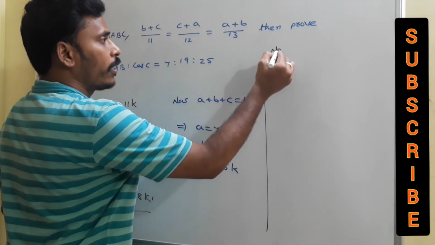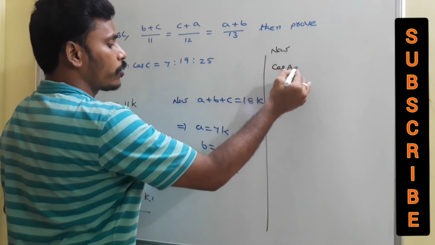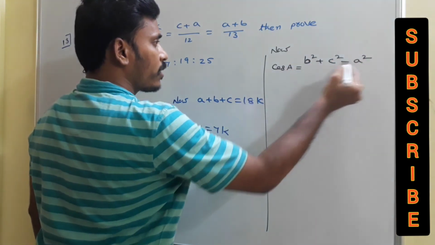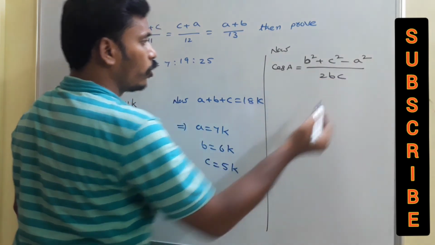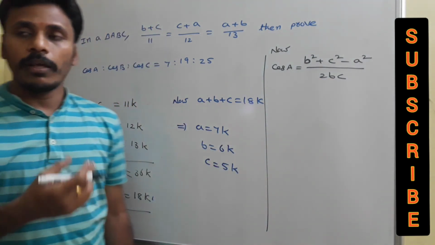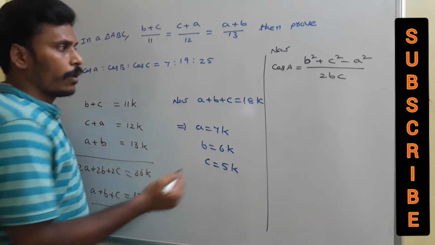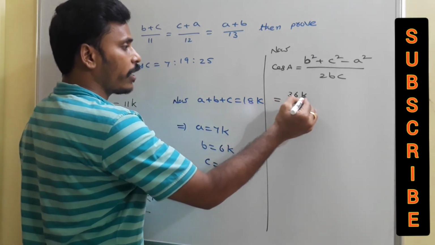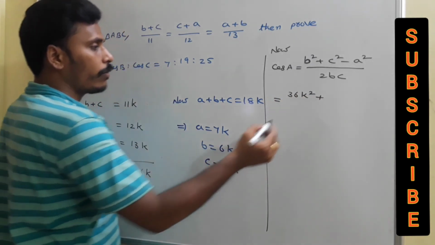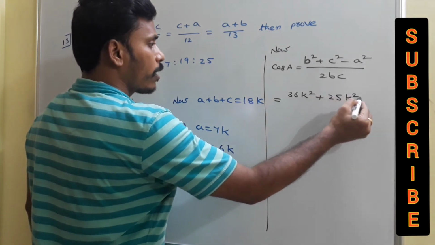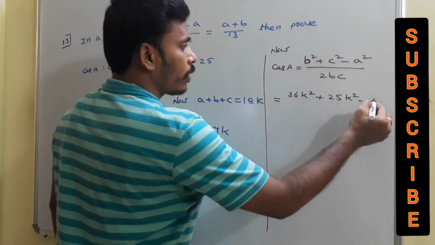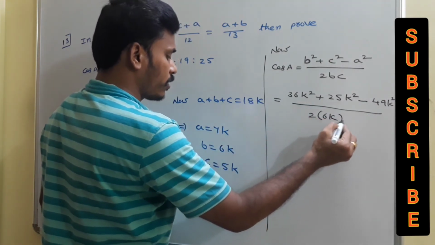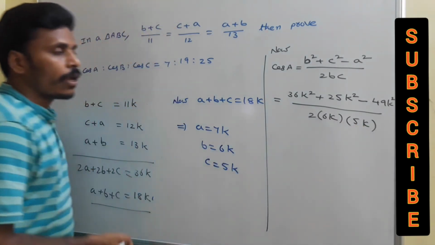Now I am finding cos A. Cos A is equal to (b square plus c square minus a square) by 2bc. I do it for cos A, and similarly you can do it for cos B and cos C. So cos A is equal to b square, which is 6k square, that is 36k square, plus c square, which is 25k square, minus a square, 7 square, that is 49k square, divided by 2 times b, which is 6k, times c, which is 5k.